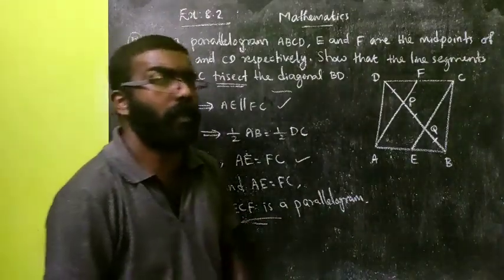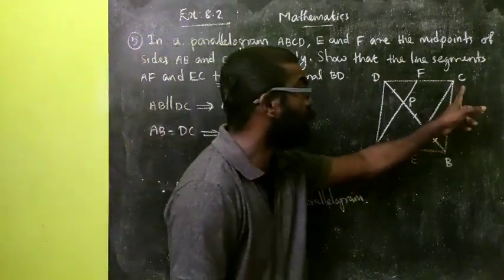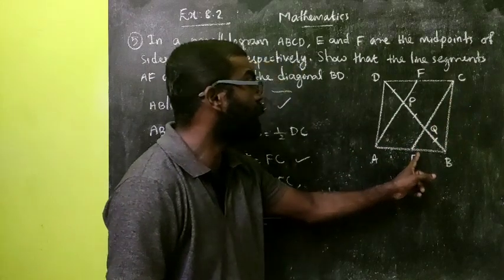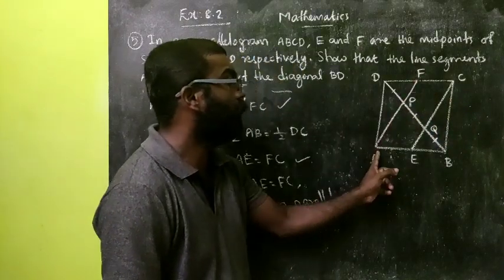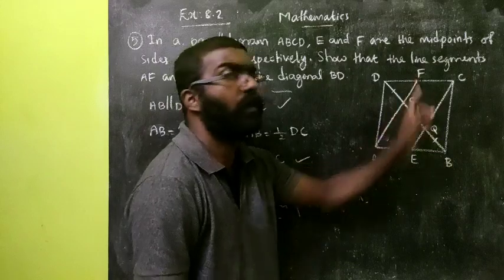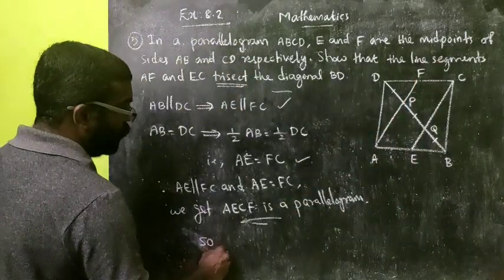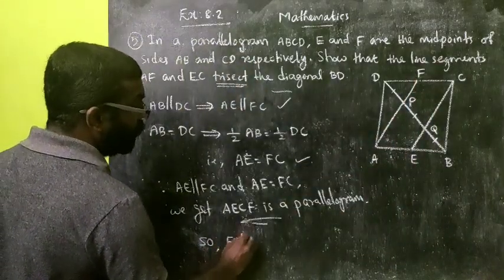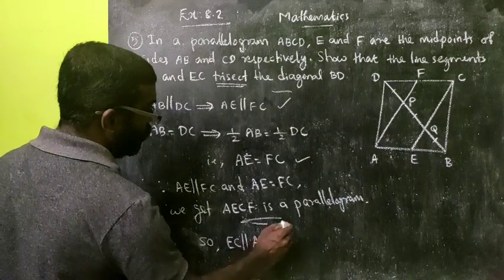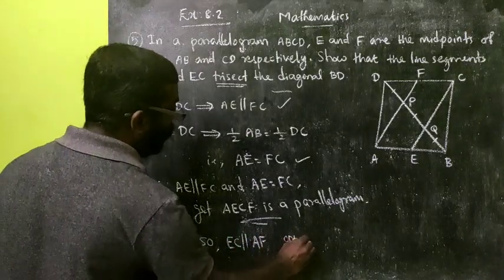And since it is a parallelogram, the other sides are also parallel, that is EC parallel to AF. Opposite sides of a parallelogram.